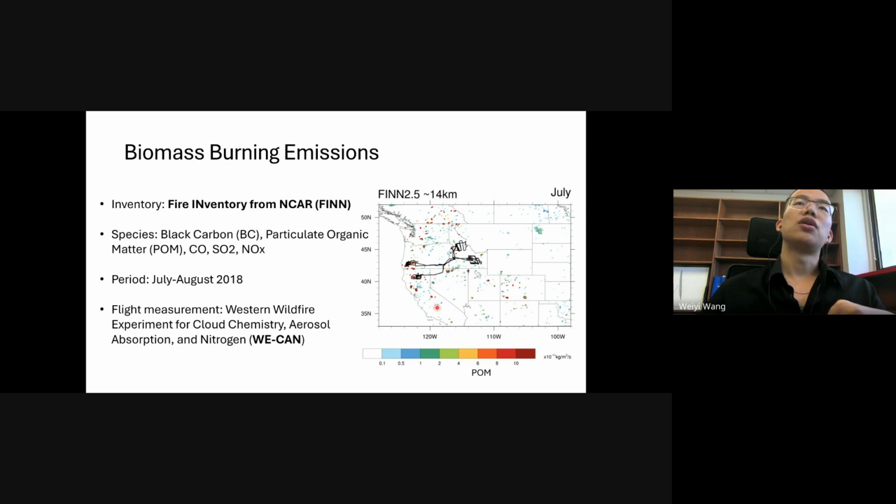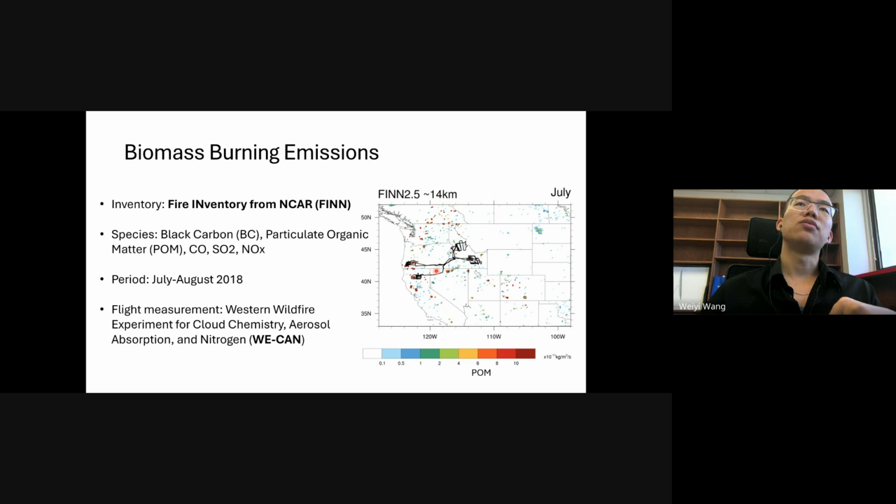The shaded color shows the POM emissions, and with the resolution at 14 kilometers, the model can capture the high emission values during wildfire events.